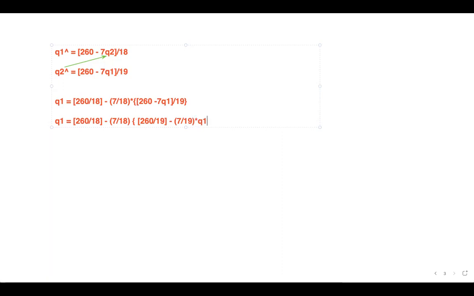Maybe I put a little asterisk in there. Now we can see that we have just this constant term over here, and then this stuff that has Q1 in it.